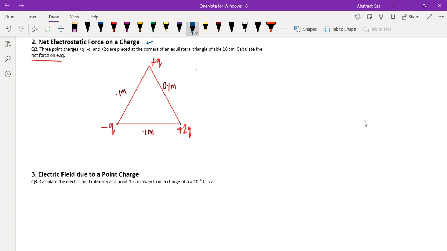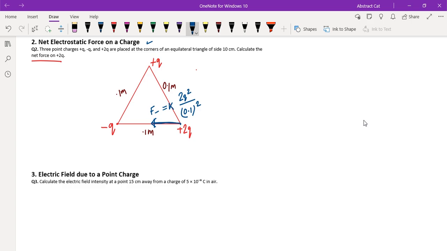Here you see the diagram first. That is a minus Q charge, and that is the 2Q charge, one plus and one minus, so there is an attractive force, with the force in that direction. I name that force F minus, due to the minus charge. That is K times the magnitude of these two, 2Q times Q, that is 2Q square, over their separation 0.1 whole square.